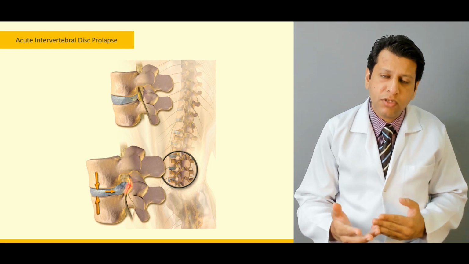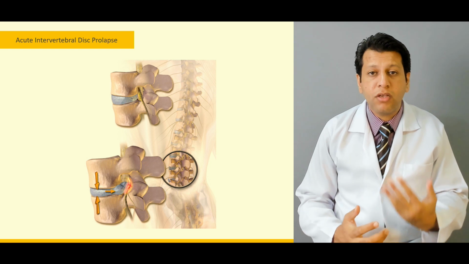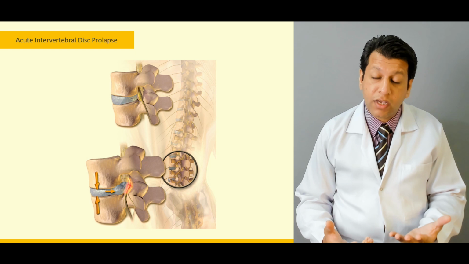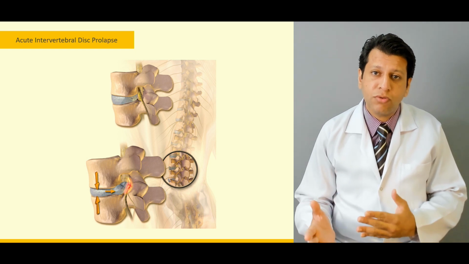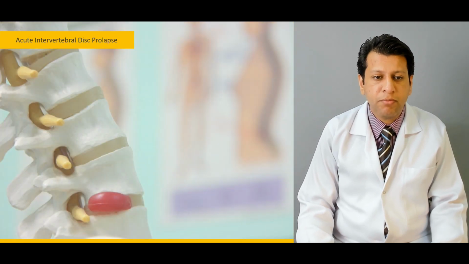When it comes out, this is called acute intervertebral disc prolapse. This most commonly occurs at the lumbosacral level, but can occur at the cervical level as well.